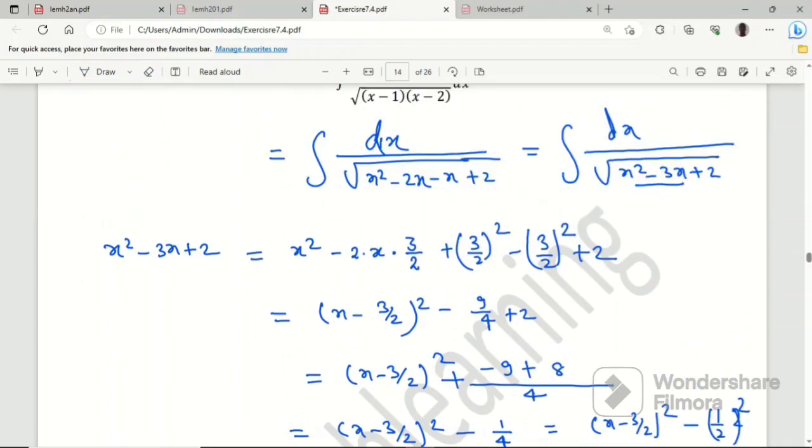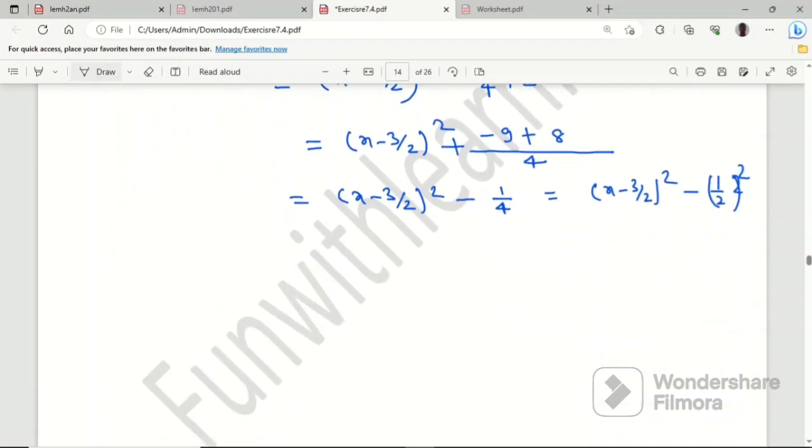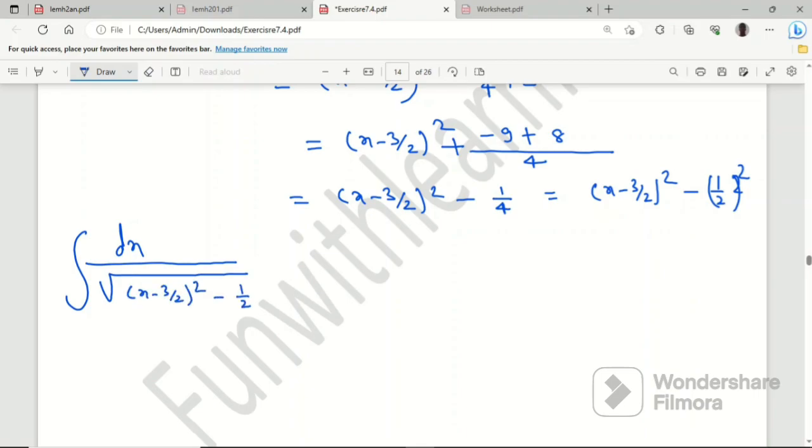So I can directly write integration dx upon under root, (x minus 3 upon 2) square minus (1 by 2) square. So its integration will give me, it is in the form of x square minus a square, so I'll get log x plus under root x square minus a square.